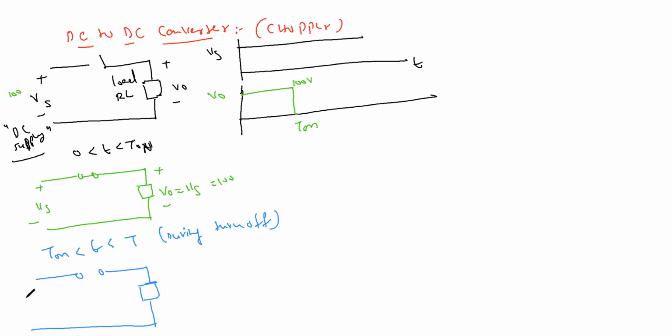Then Vs is open, right? What is V0? V0 equals 0. So V0 is 0. Whatever the turn off period, again I turn it on. This is the on period. This is the total time period.